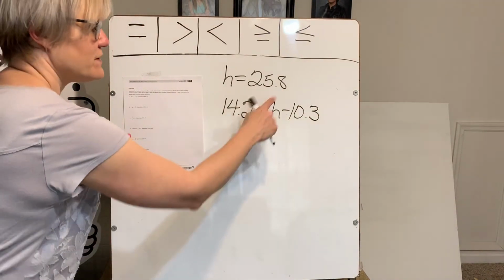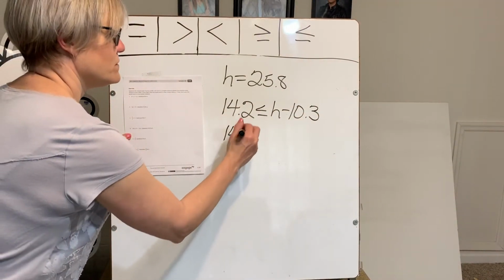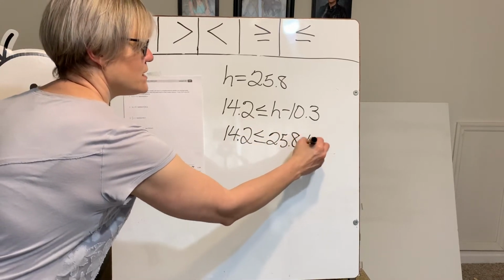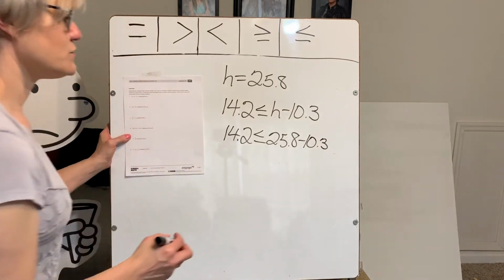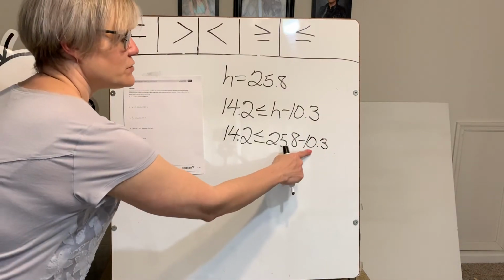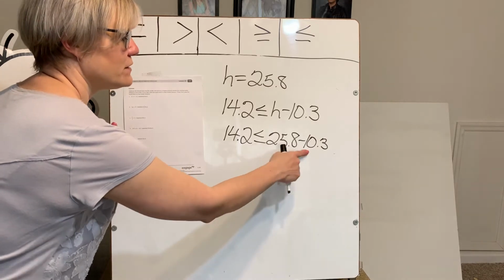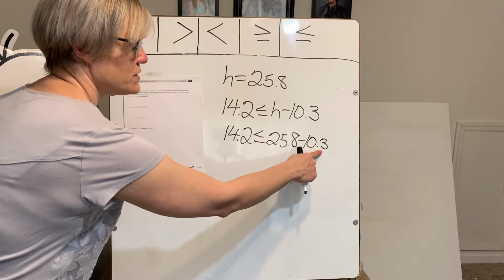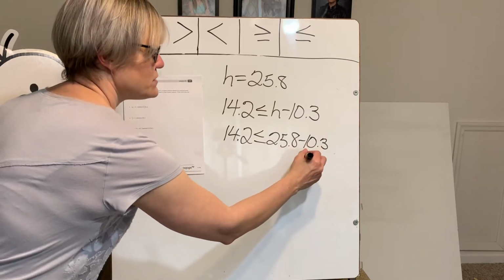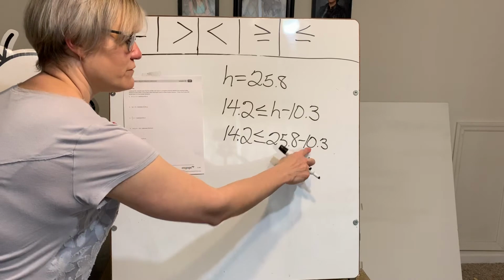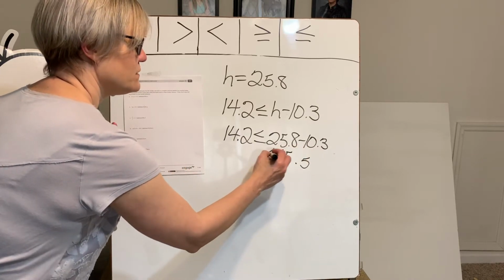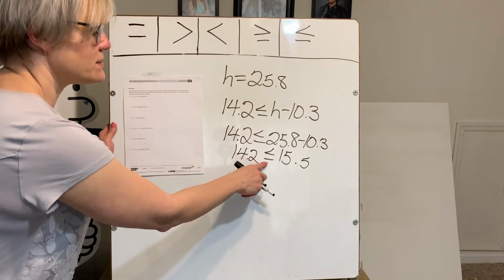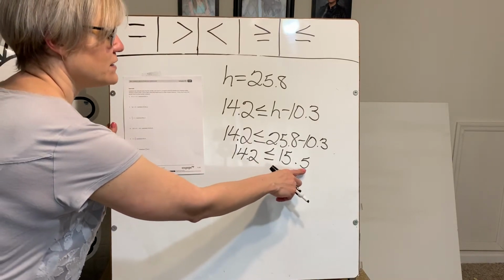So if I put 25 and 8/10 in the place of H, 25 and 8/10, and I take 10 and 3/10 away, I notice with my whole numbers, I've got 25 minus 10, and I've got 8/10 minus 3/10. Well, 8/10 minus 3/10 is going to give me 5/10, and I've got 25 minus 10, which gives me 15. So I've got 14 and 2/10 is less than or equal to 15 and 5/10.